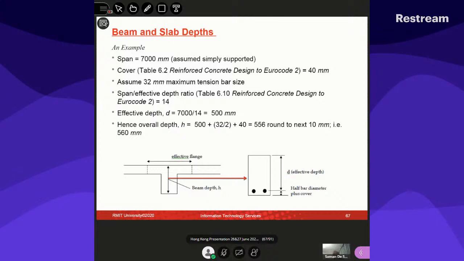And the other thing is, where is the slab spanning? Normally in concrete theory teaching, you may have designed a couple of simply supported beams or continuous beams.